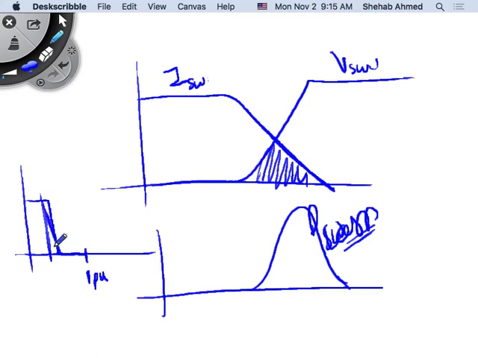There is finite time required for current to fall down. That means even if I increase my switching frequency, which means moving this point to the left, I won't be able to maintain my 0.5 duty ratio. At some point I lose control of my duty ratio, because my switch needs time to turn on and turn off.